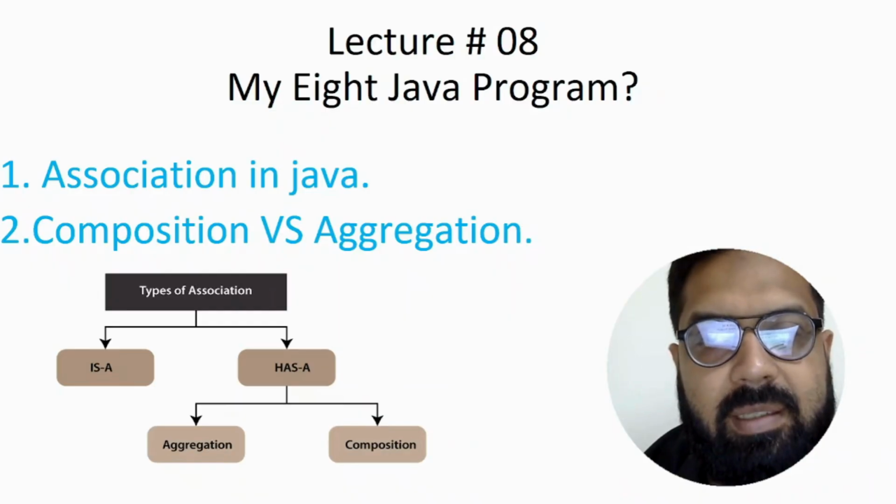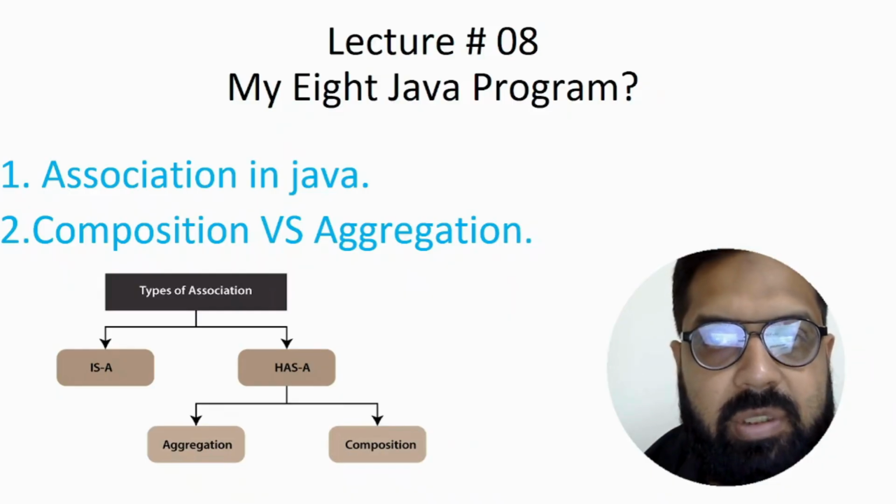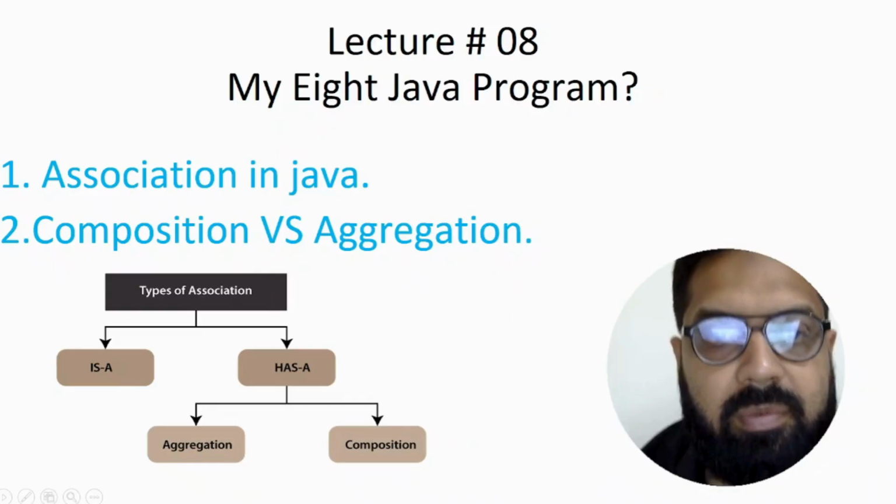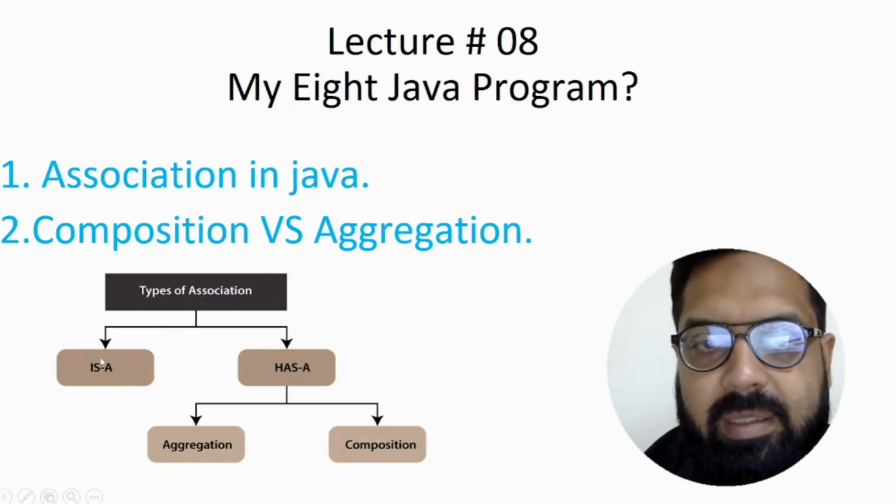So single inheritance, multiple inheritance, multi-level inheritance, these are all is-a kind of relationships. For example, car is a vehicle, truck is a vehicle, so we used these types of associations in inheritance in our lectures 6 and 7.